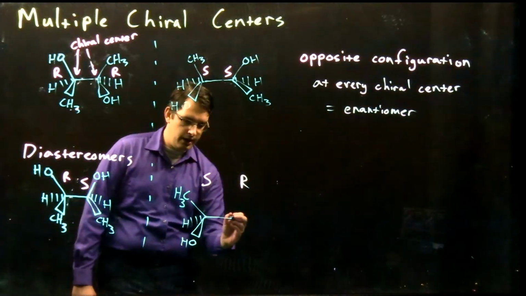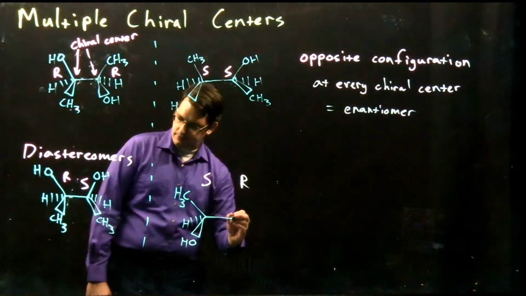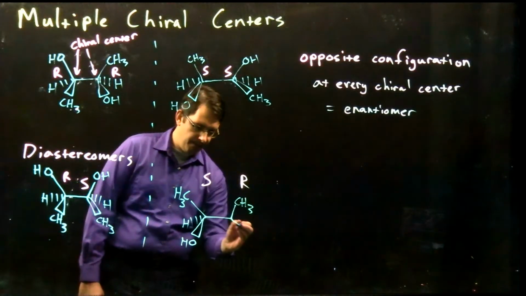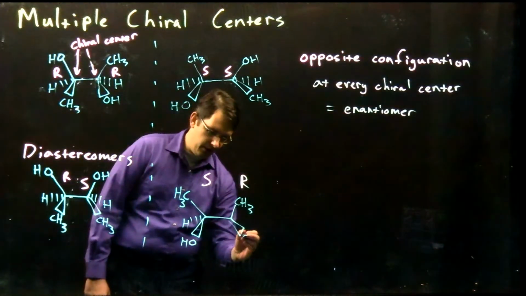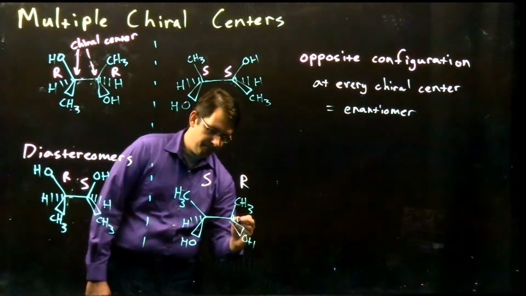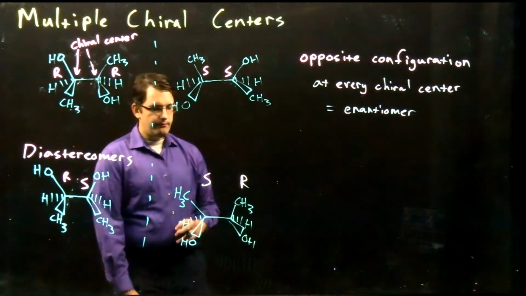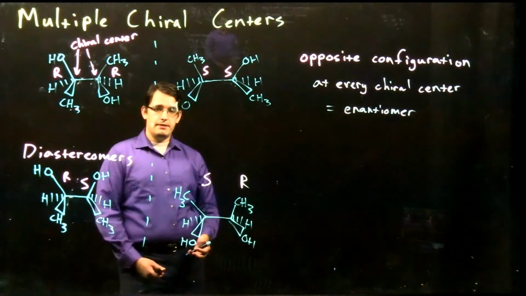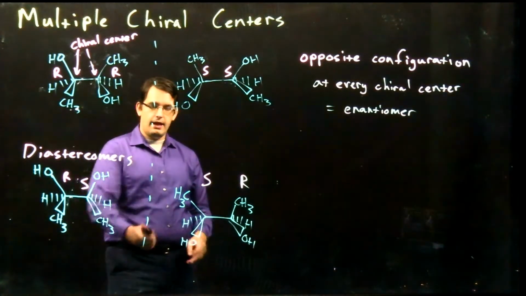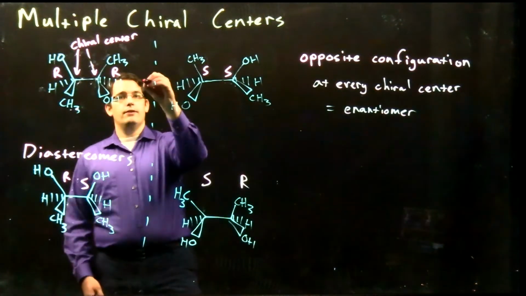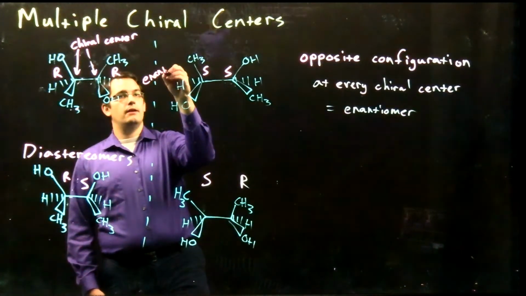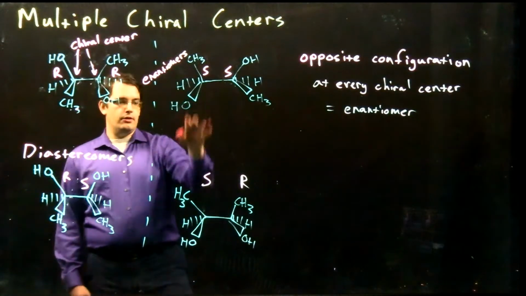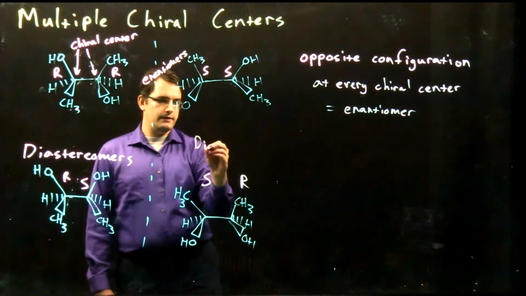And I'm going to go over here and replace the oxygen with my carbon and the carbon with my oxygen. So I switch my chiral centers, I should have a new enantiomer. Right? Across my dotted mirror plane, all of these should be related as enantiomers. And then between these groups, we would have diastereomers.